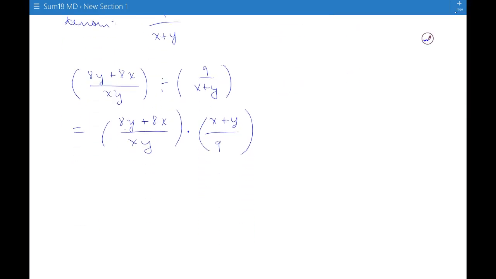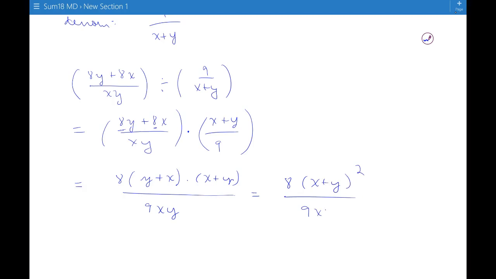I'm noticing that there's an 8 and an 8 in this numerator, so I'm going to factor that 8 out and write this as 8 times (y plus x) times (x plus y) over 9xy. So what I see is 8 times (x plus y) quantity squared over 9xy, and that can't be simplified anymore. So that's your final answer. There's only one fraction bar, so it has been simplified.